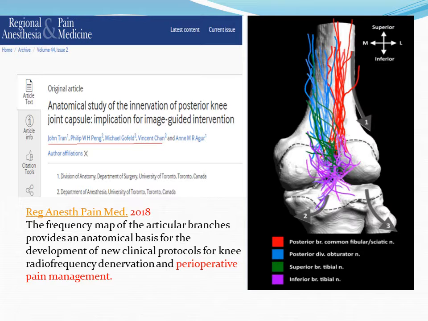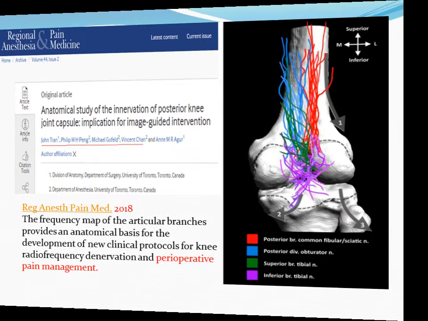This was published in 2018 by a group of investigators from Toronto, mainly Philippine, the head of the department. According to the study, the frequency map of articular branches provides an anatomical basis for the development of new clinical protocols for knee radiofrequency denervation and perioperative pain management.